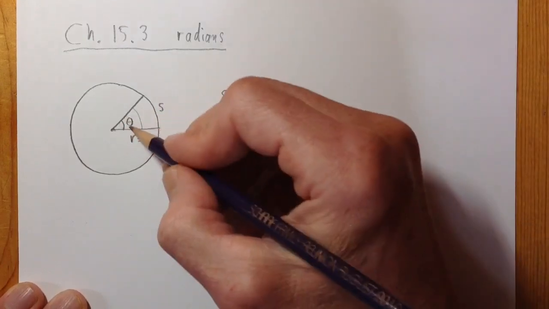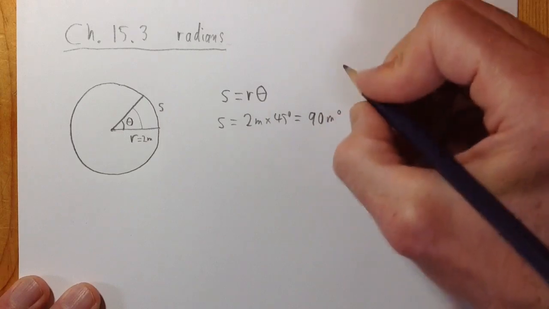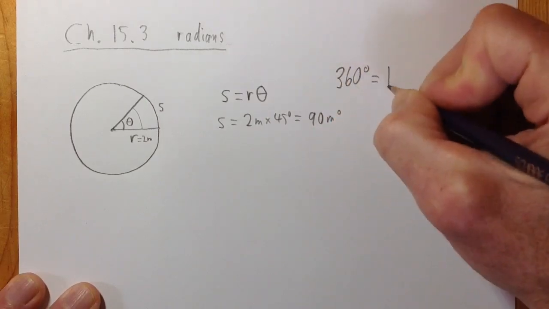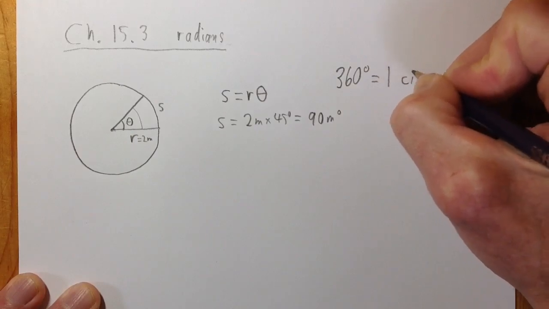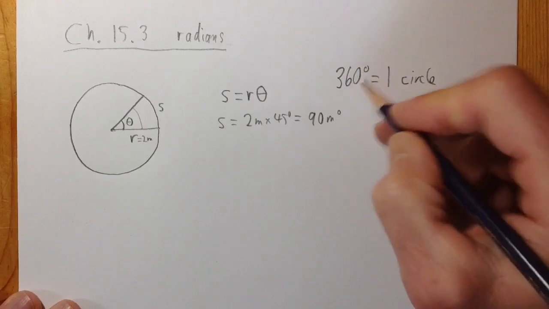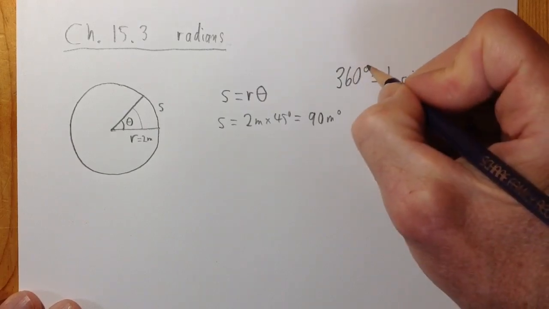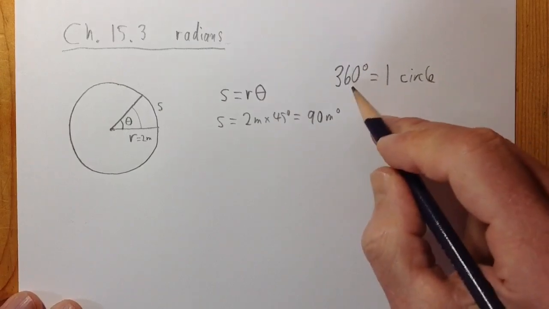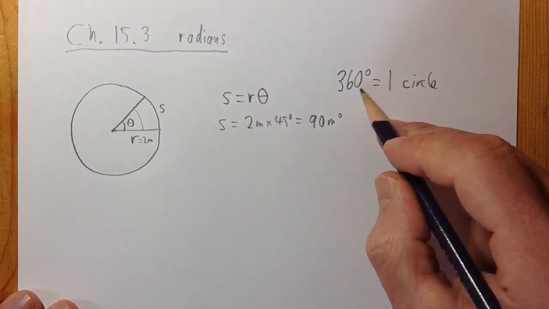And that's because degrees is kind of a random unit, right? We said in the last video that 360 degrees is one circle. There's 360 degrees in a circle, and you could make up whatever you want. You could say 100 degrees in a circle. 360 works nice because you can divide it into so many pieces that we talked about, but still, it's just a random number. Aliens might not be using degrees.